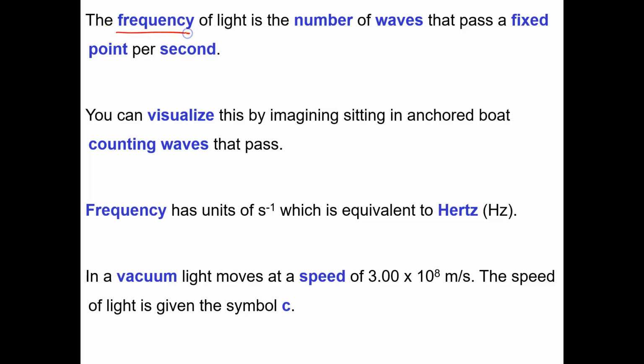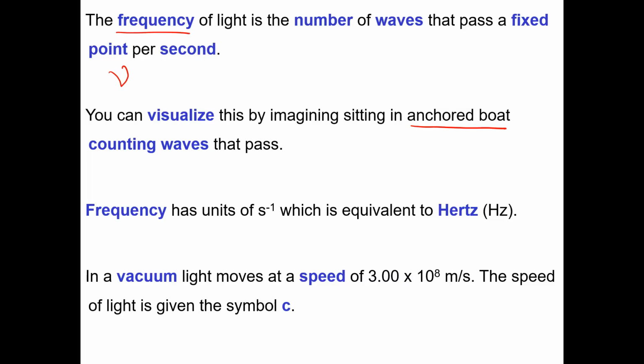The frequency of light, which we indicate with the Greek letter nu, is the number of waves that pass a fixed point per second. So if you want to visualize this in terms of something a little more familiar, think about water waves. Imagine that you were sitting in a boat that was anchored and not moving, and you just counted the number of waves that passed every second.